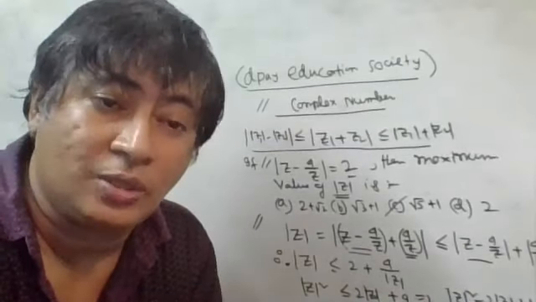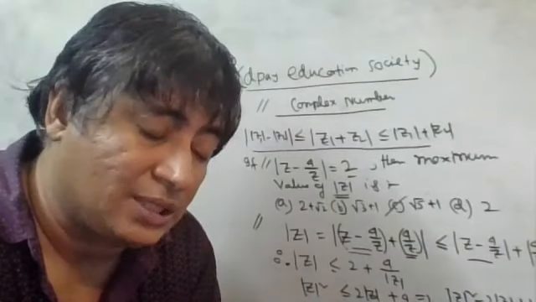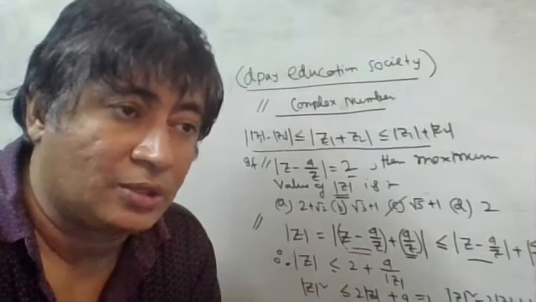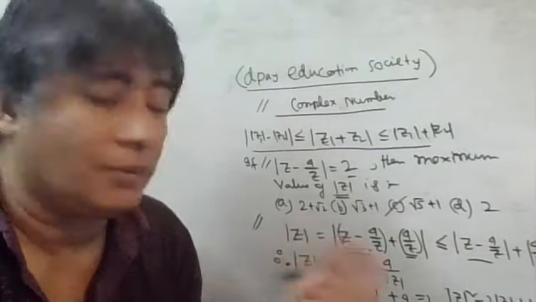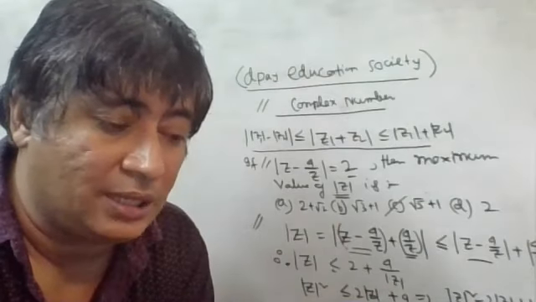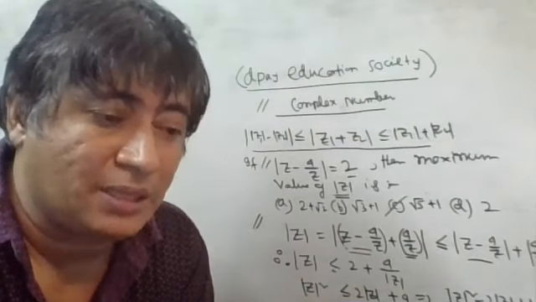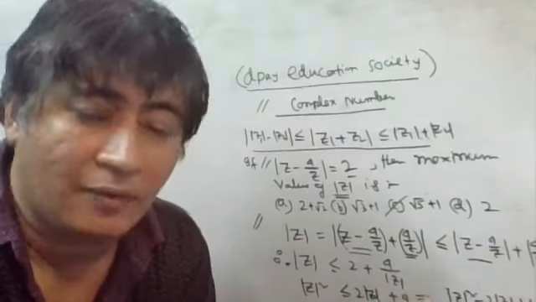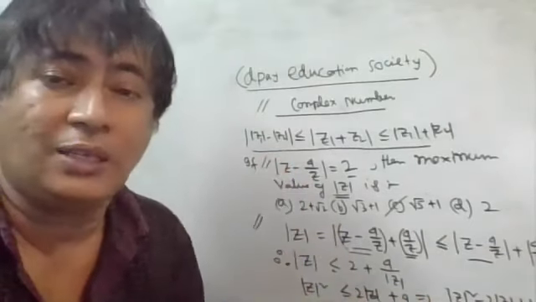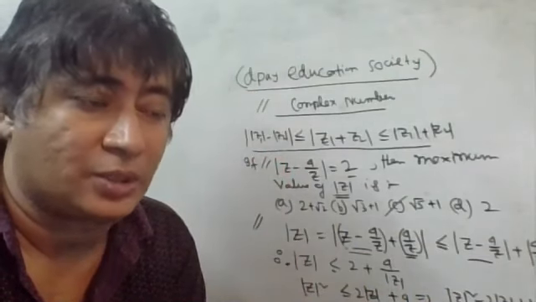These things of coordinate geometry can also be expressed using complex numbers. That part will be discussed later, but in complex numbers the basic knowledge will be fully covered in the next video. Okay, so whatever is taught today, I hope you understood.